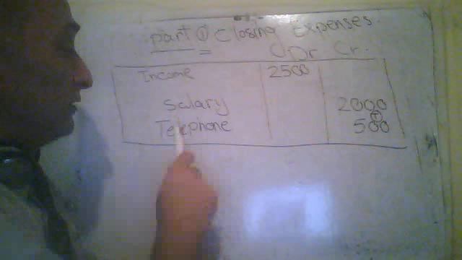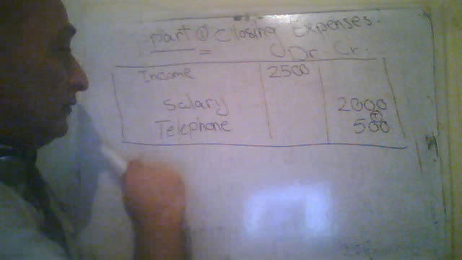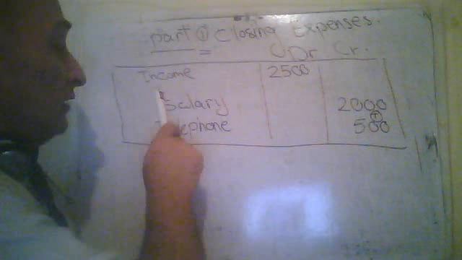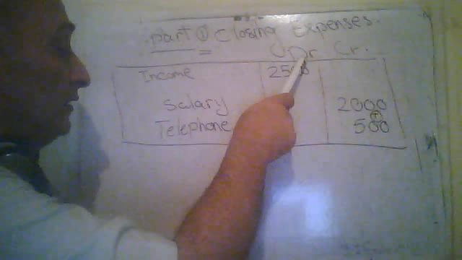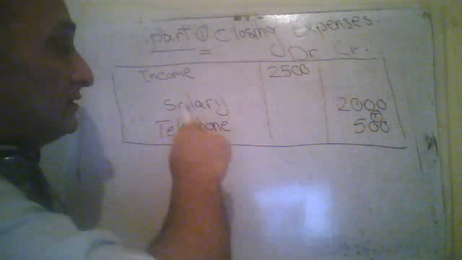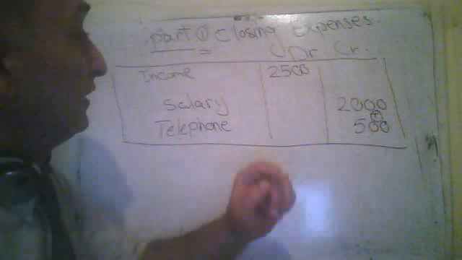Again, in part 1, I close all expenses into income statement, and income debit by total expenses. Total expenses, salary 2,000 and telephone 500.